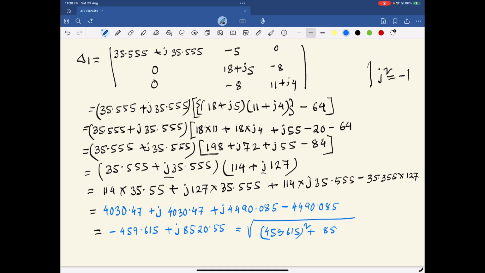Again you have to convert it into polar form. So you can get these values.